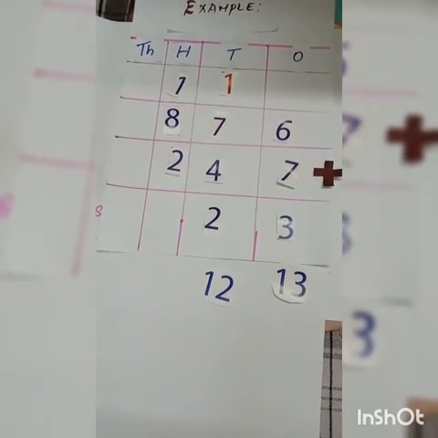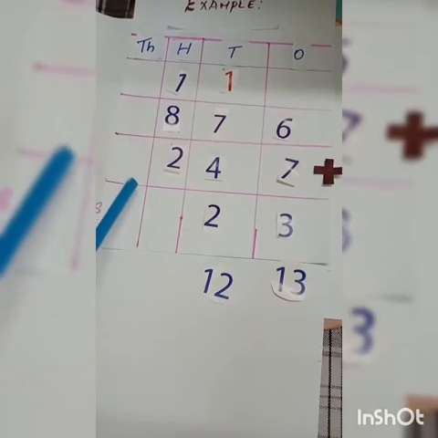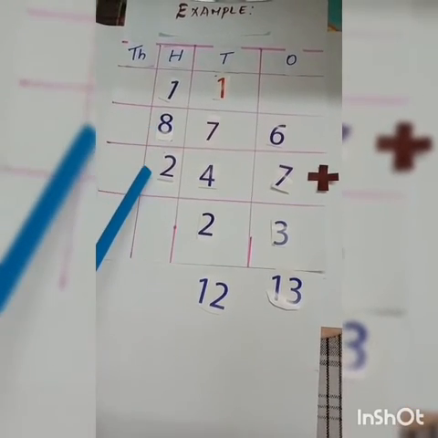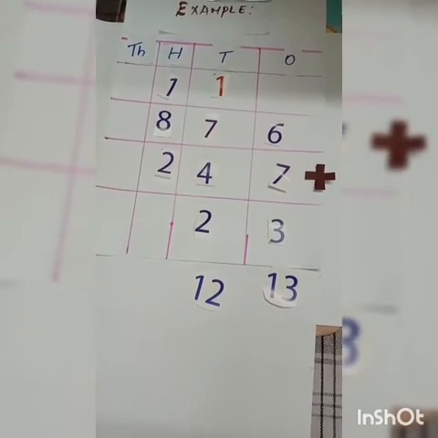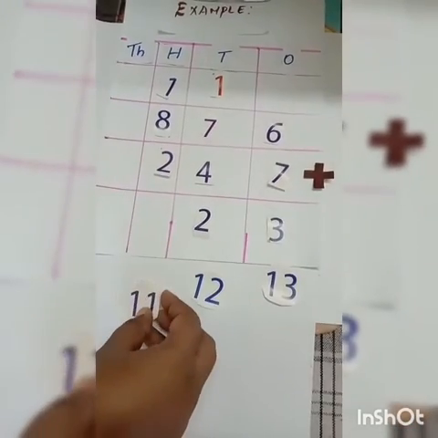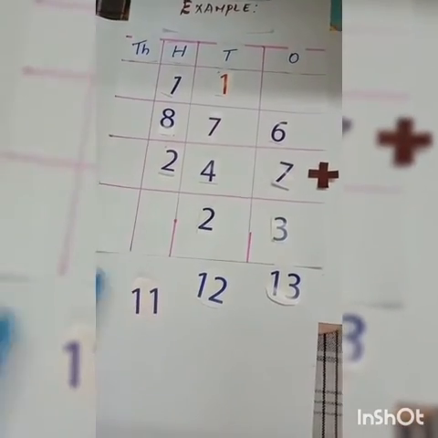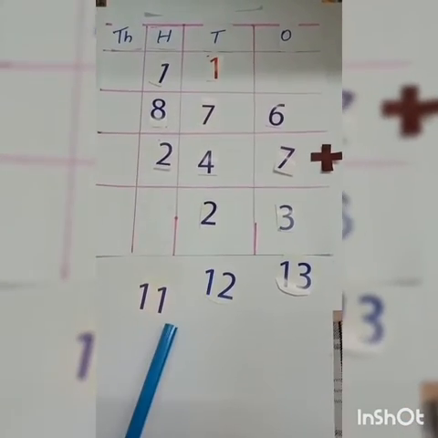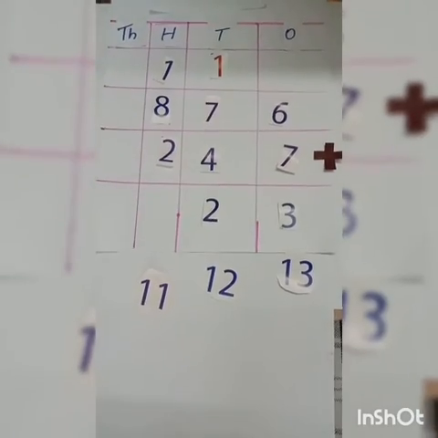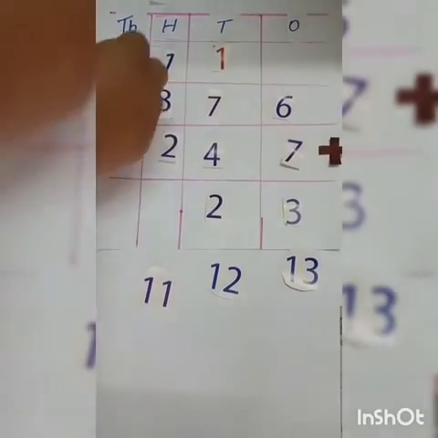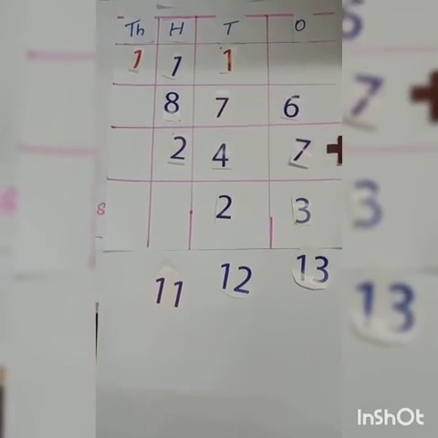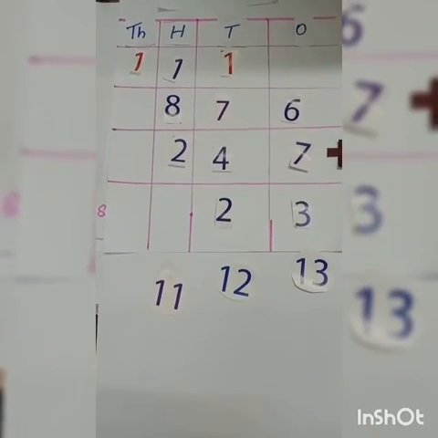Step 3. Add the digits in hundreds column. That is 1 plus 8 plus 2 is equal to 11 hundreds. Regroup 1100 as 1000 and 100. Carry over 1000 to the thousands column and write 100 in hundreds column.